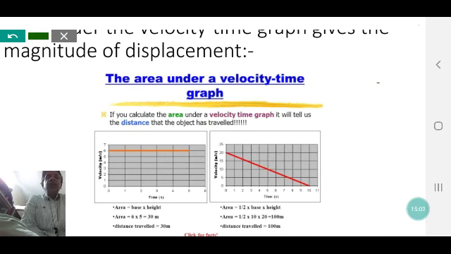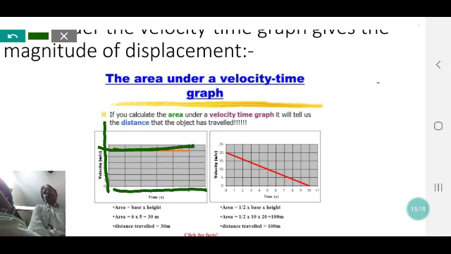Here in the velocity time graph, time is taken here and velocity is here. But the velocity does not increase as the time passes. Then we can say the object is moving with uniform velocity, and here the acceleration is constant. Acceleration is 0 here. There is no acceleration.